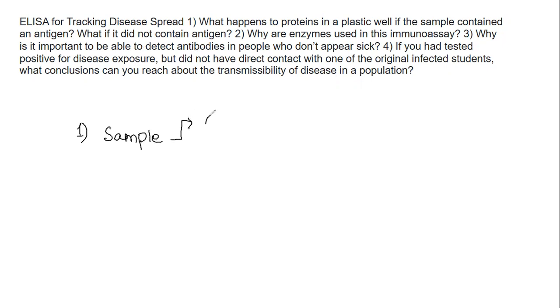If the sample contained the antigen, then we can see a color change, because a specific antigen-antibody interaction would have taken place. After adding the secondary protein, nothing but the enzyme-linked antibody, this interaction would have been tracked.